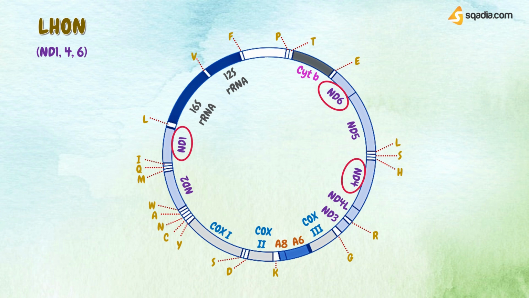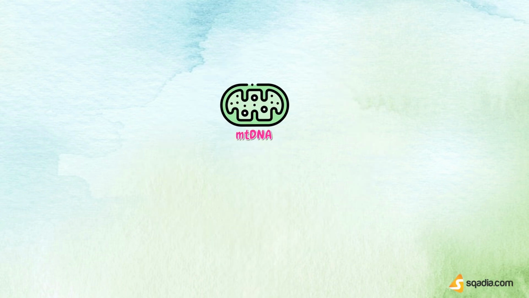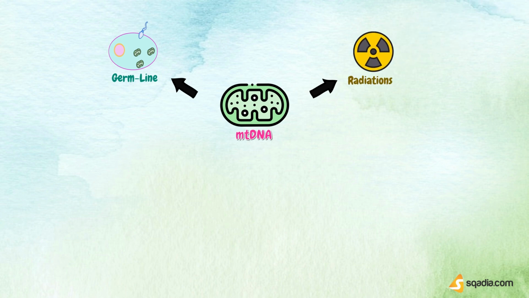Moving forward, mitochondrial mutations may affect human aging. Some mutations in mitochondrial DNA are inherited through the germ line, while others arise sporadically in somatic cells as a result of random events such as exposure to radiation or chemical mutagens.